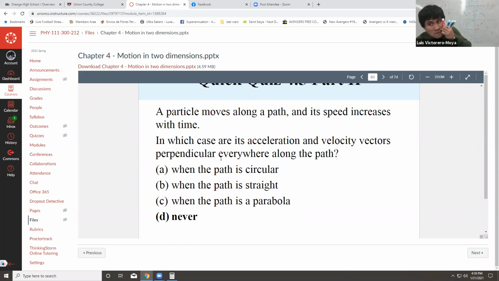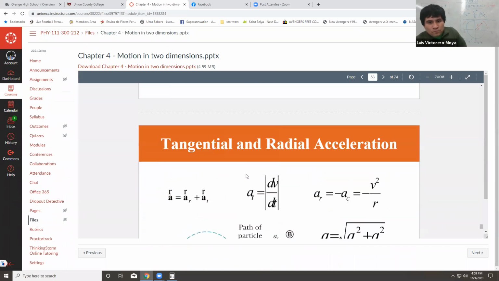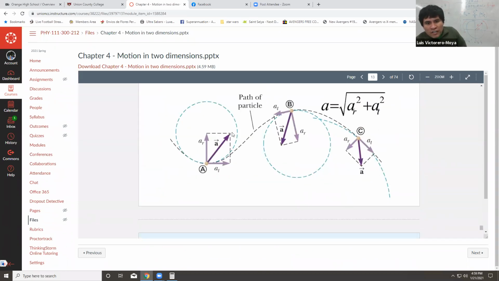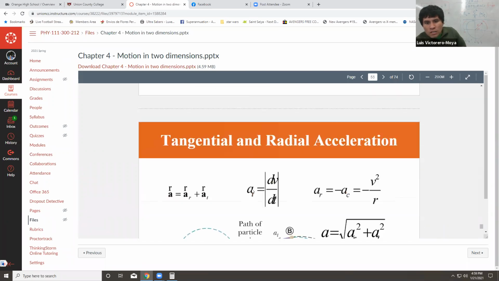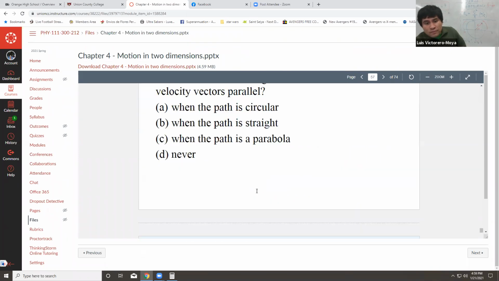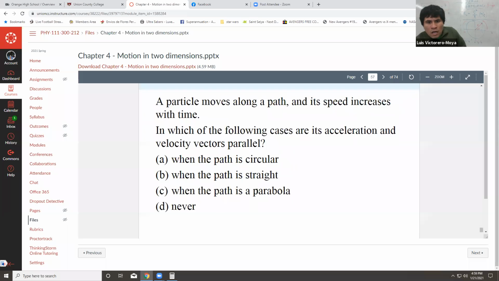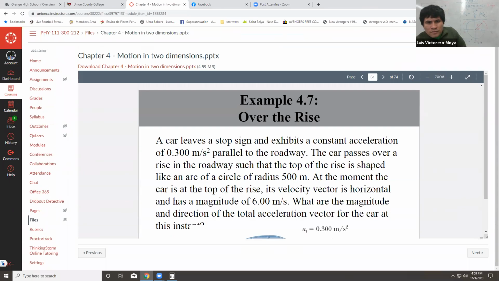But in any other case, no. All right, you can also see that in here. This acceleration is never perpendicular to the velocity, which is tangential here. That's because there is already tangential acceleration. So that's what we answer.